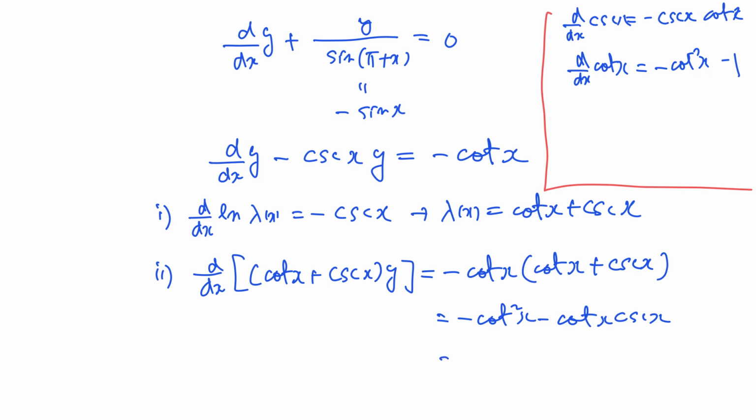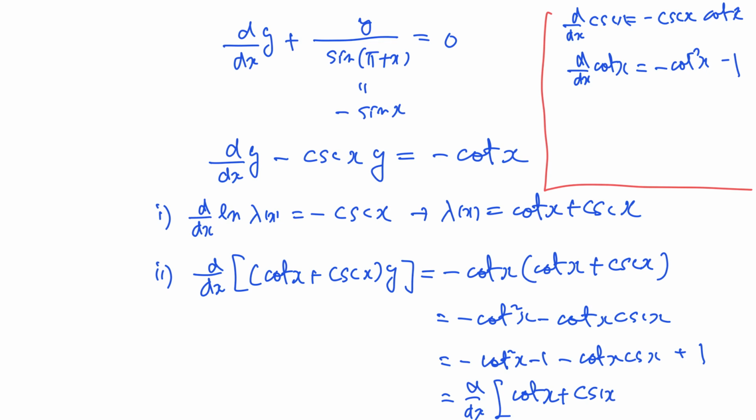So minus cotangent square x minus 1 minus cotangent x cosecant x plus 1, which is d/dx of cotangent x plus cosecant x plus x, right?